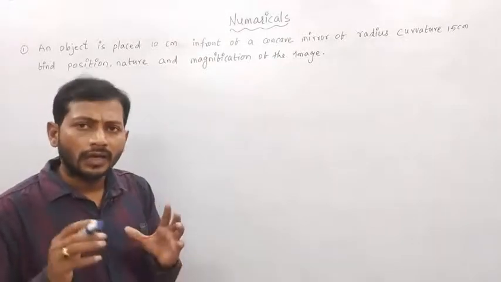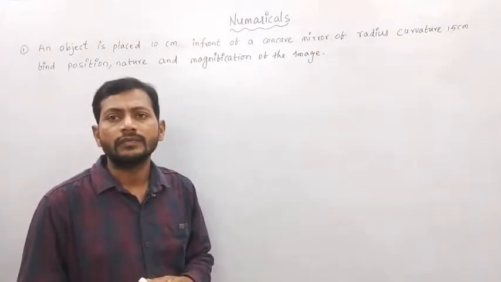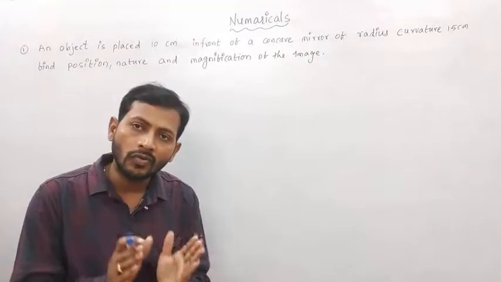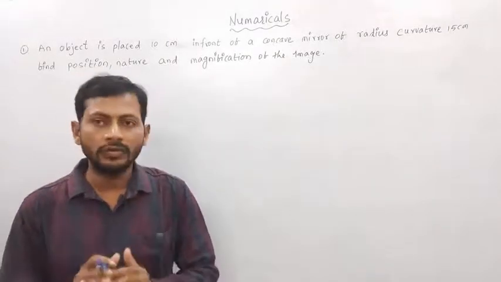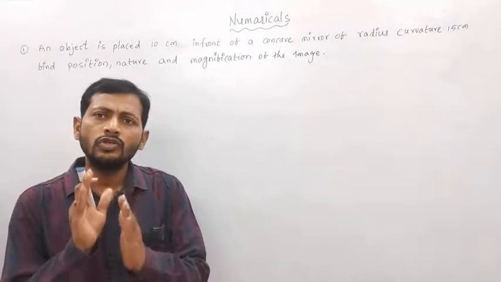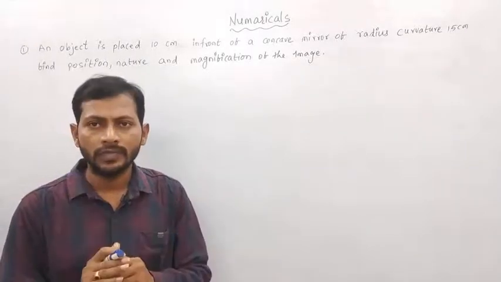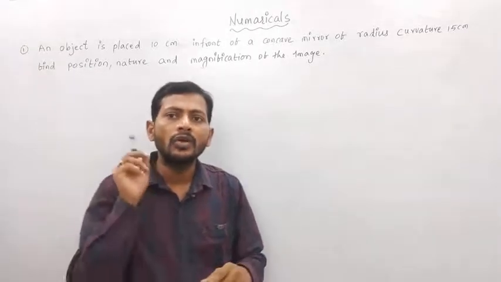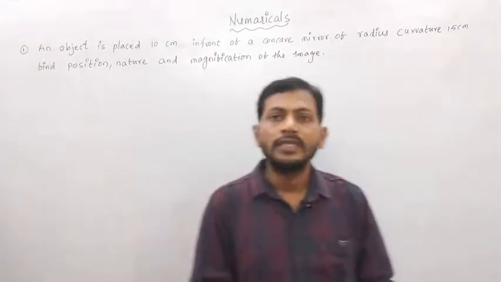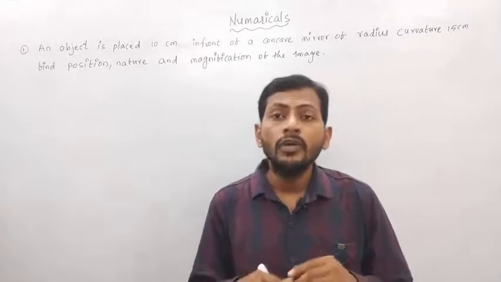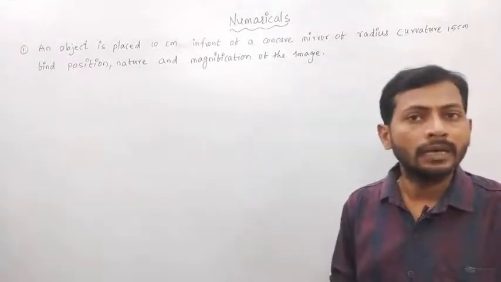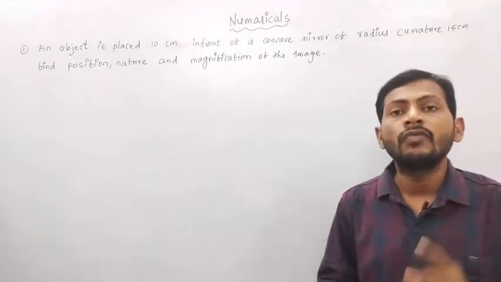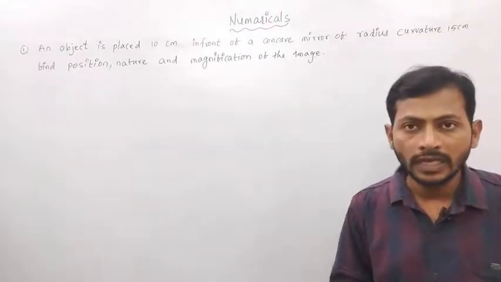Generally, in physics, when you do a numerical, whether it is required or not for the given question, first you should make a rough diagram. If you make the rough diagram, you get 50% of the idea. Second, when you draw the diagram, by seeing the positions you will get the formula also. Is it clear for you?